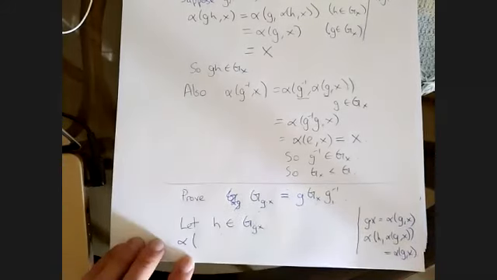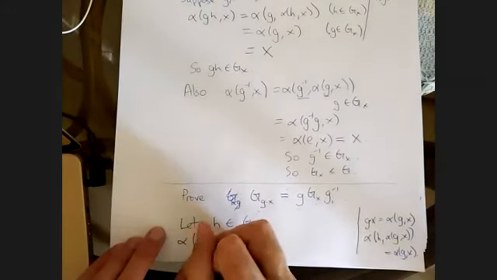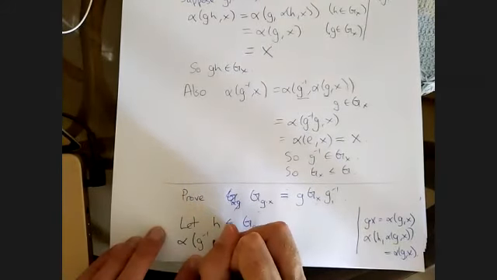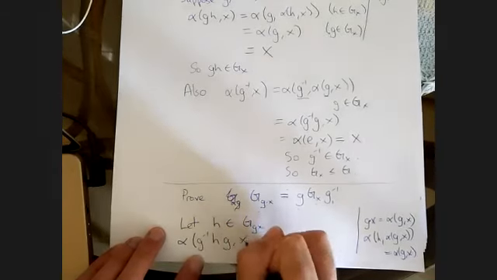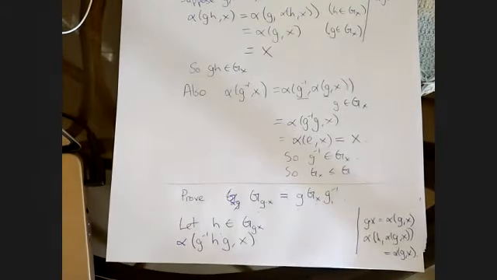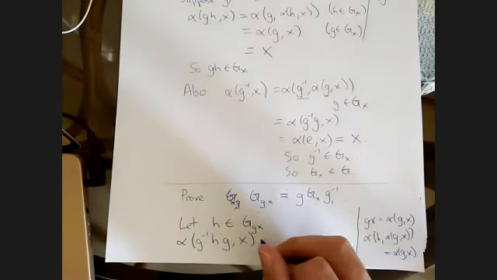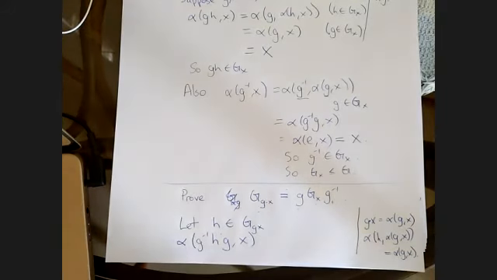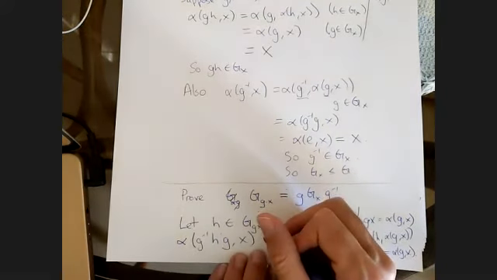So let's look at alpha(g inverse h g, X). What I want to know is that this has to be equal to X. Luckily, it will be.